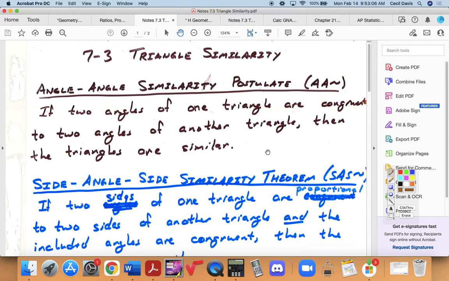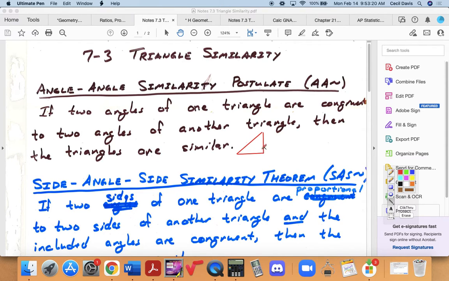We won't go into all of that, but I'm going to draw a little figure down here real quickly. Let's say that we had, let's make them right triangles just for fun. We'll say that that's a right angle. And this angle is going to be congruent to some angle over here.